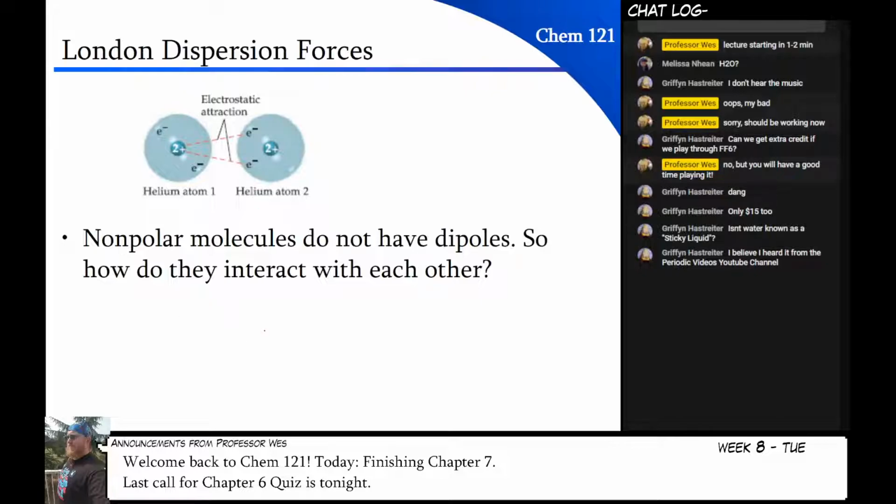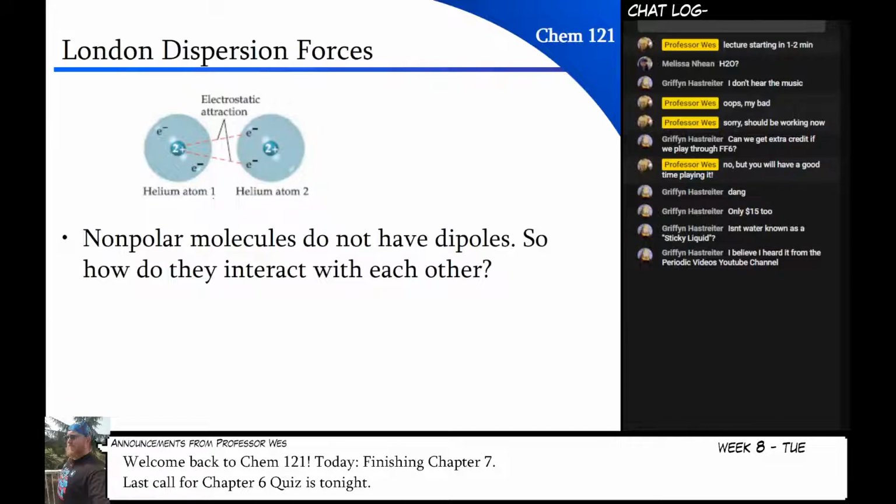However, there is an opportunity to create a temporary dipole. And that interaction is shown above here. If I have an atom of anything, really, like for example helium, my electrons orbit in random chaotic paths that eventually take them around the entirety of the atom.